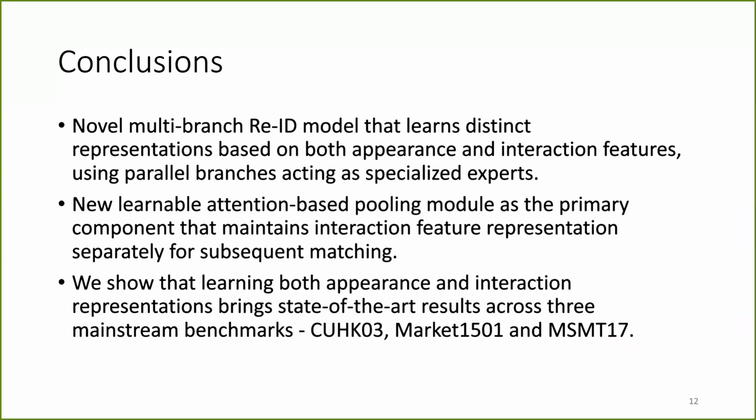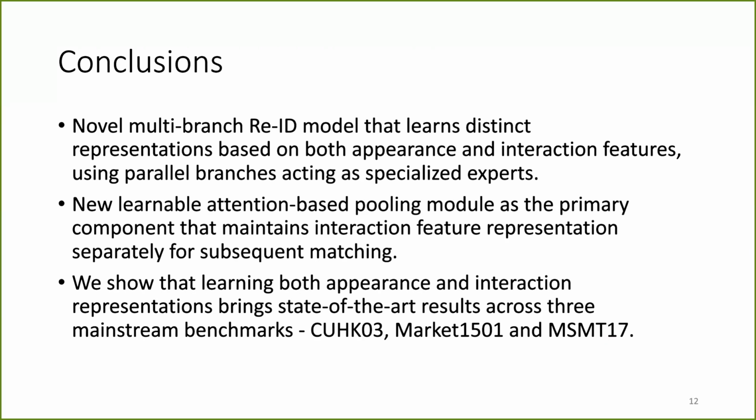Okay, so I'm going to conclude with some of our contributions. In this current work, what we have contributed is a new multi-branch Re-ID model. This multi-branch model has parallel branches where the first branch specializes as an appearance expert, and the second branch specializes as an interaction expert.